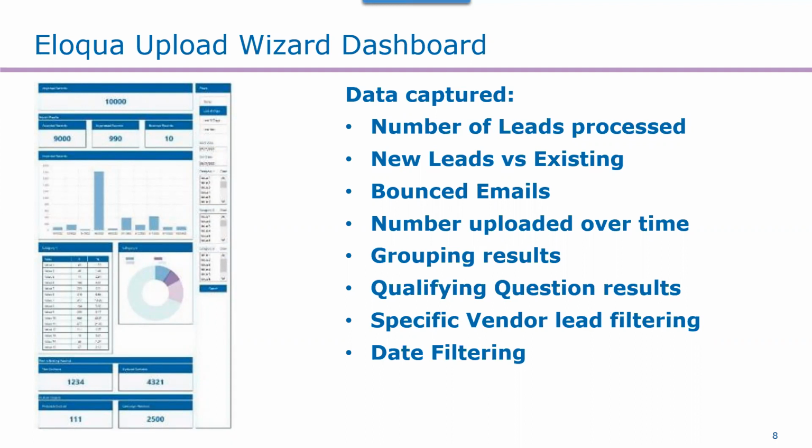For us, we have qualifying question results, specific vendors, lead filtering, date filtering. There are many different options you can see here on the quick snapshot. This is all customized, and you work with your representative to see how you want it customized to fit your needs. But this has been highly valuable to us and the team here.